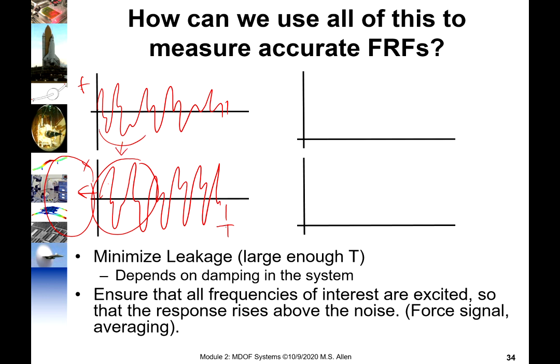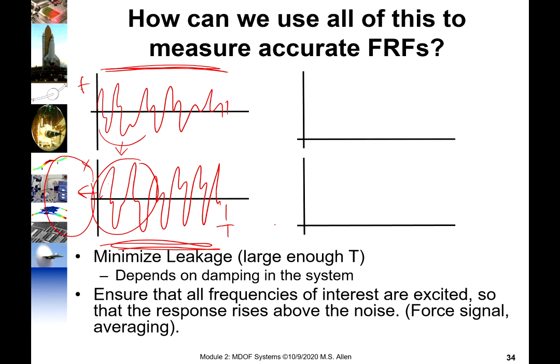T is a measure of how long it takes for a transient to decay. So if we want this response here to be a strong function of the force that we've applied here, we need to allow enough time for the signals to decay, for the transients to decay, so that we can focus on the here and now.